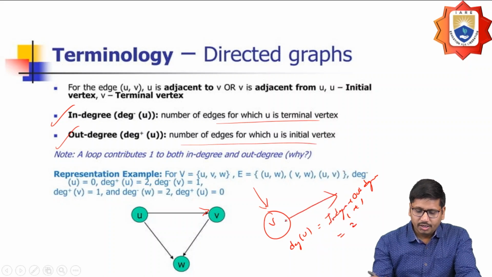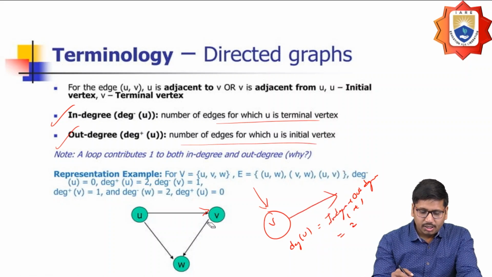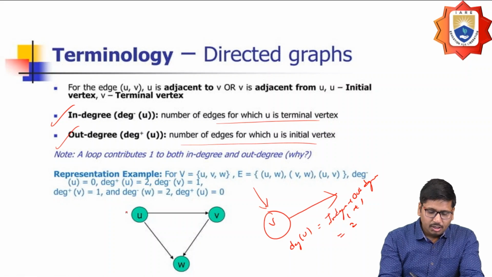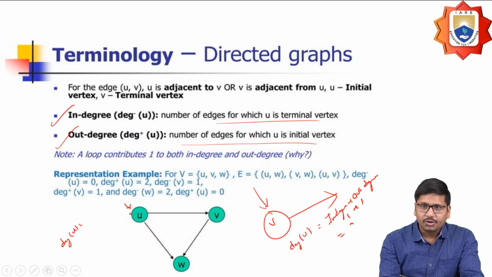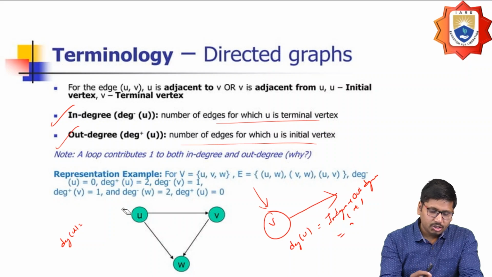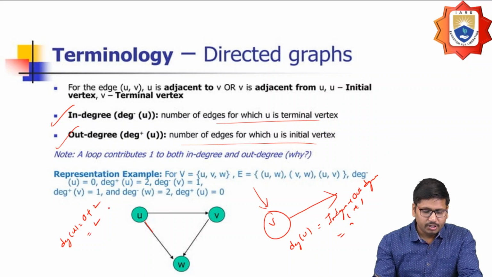So the degree of the vertex is 2. Similarly in this graph, what should be the degree of u? There is no incoming edge for u, so the in degree is 0, and 2 edges are leaving from this vertex, so the degree of vertex u is 2.